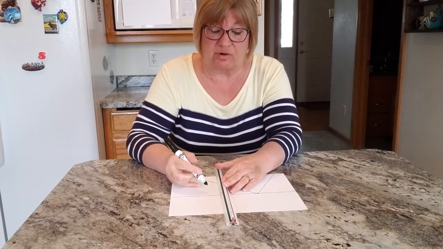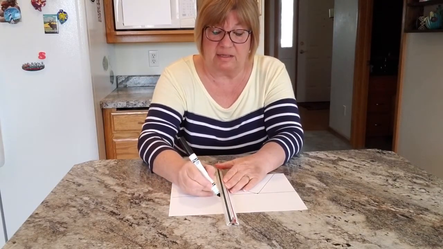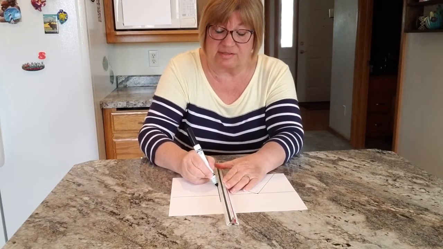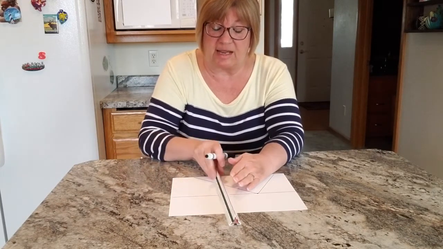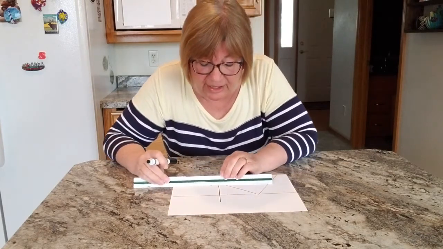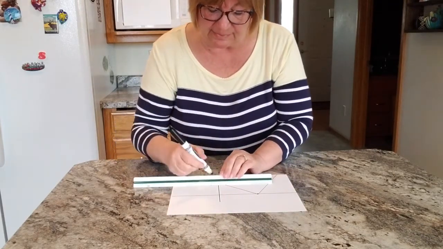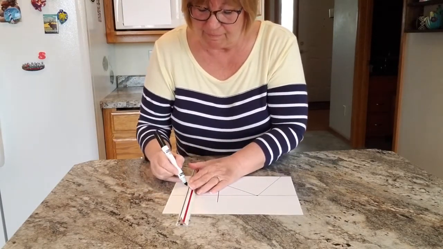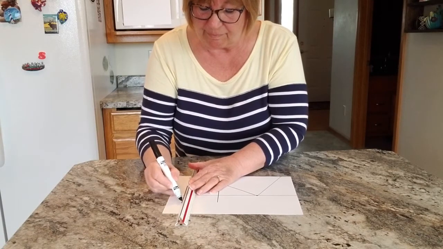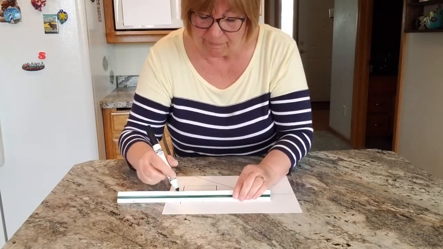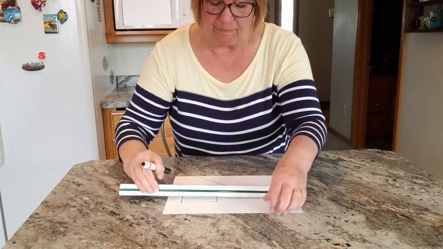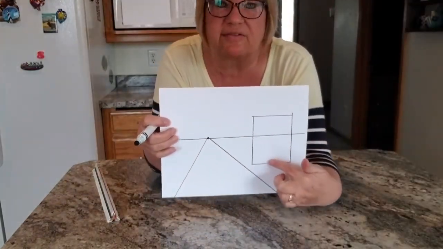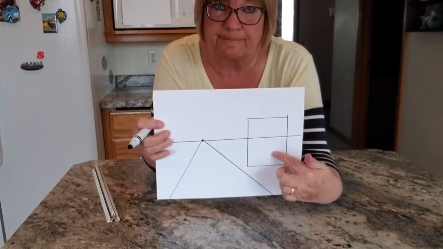So I'm going to draw a straight up and down line, and mine goes above my horizon line and down towards the edge of the road, and I'm just going to make a square rectangle or box. There, I'm drawing a building, and this is the side of the building that is closest to me.